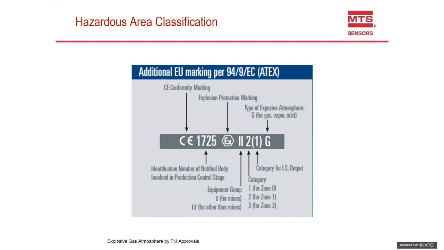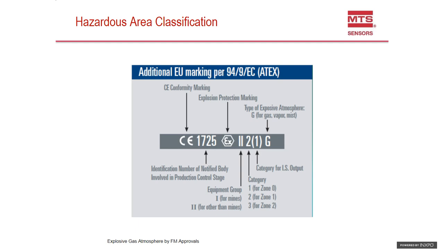One last part around the example markings is going to be for ATEX. ATEX adds some additional marking to its approval. The first part is the CE marking. This is required for sale in the European Union. It's basically outlining that you have done specific EMC, EMI testing, specific safety testing, and that you're certifying this product as being safe to go into the European market.